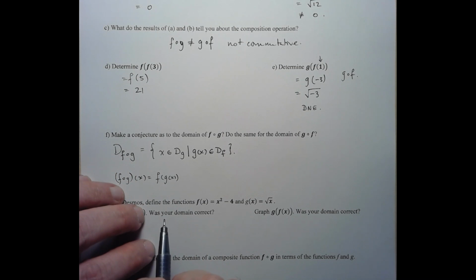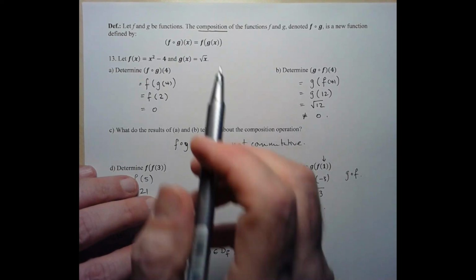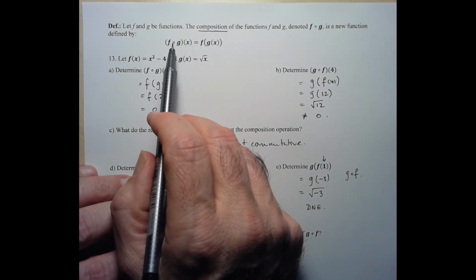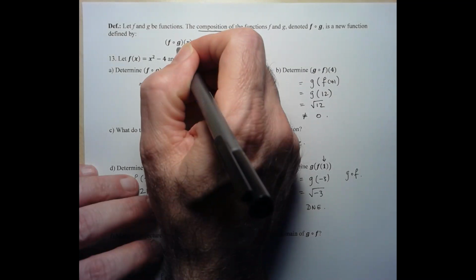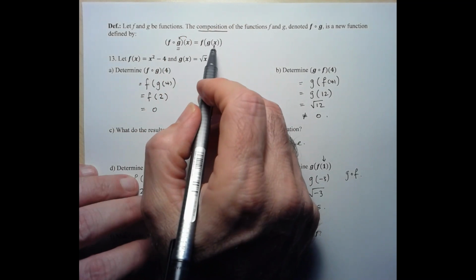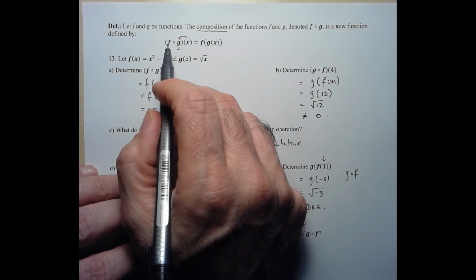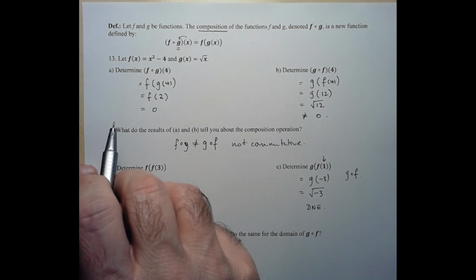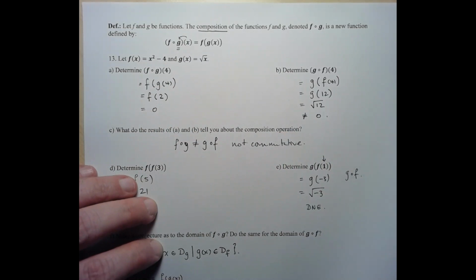Now something I didn't specify earlier, but take this definition just to make sure you're remembering the order. Notice here when I have F circle G at X, the first function that I'm applying is the one closest to the input. That's the first function I apply, and then the second one, which receives the output, is the one that comes first in the order. So make sure you're applying this definition very carefully.